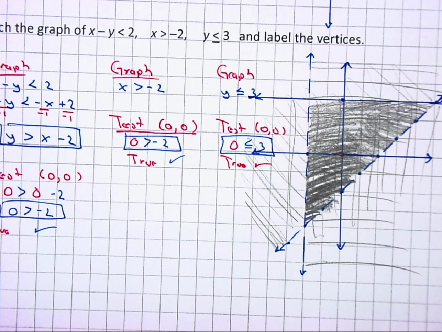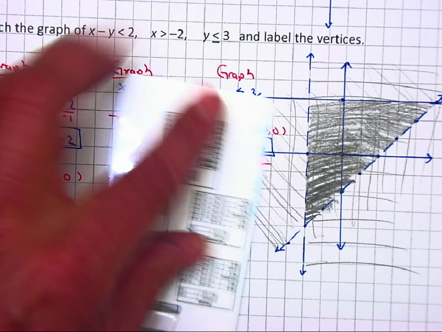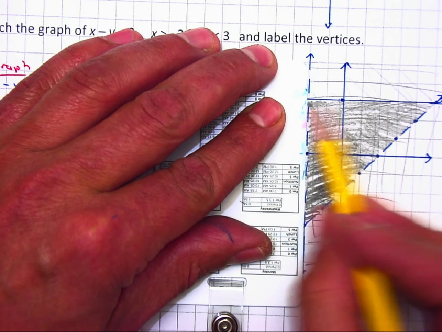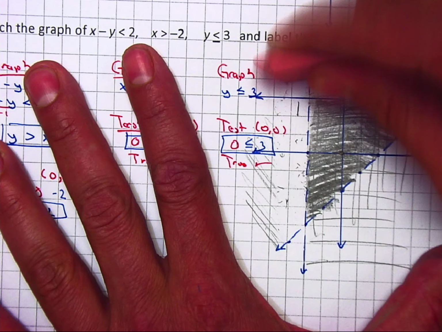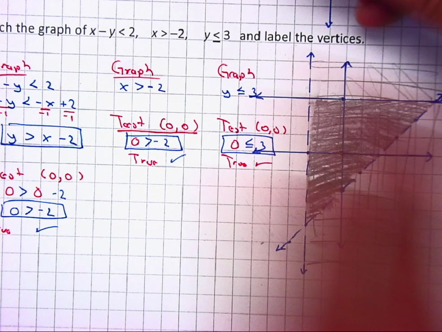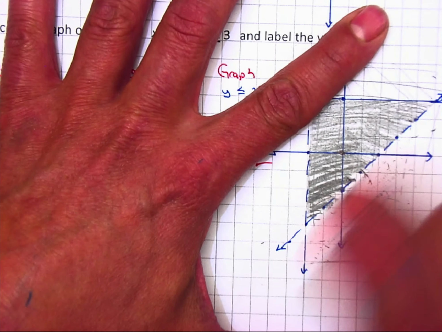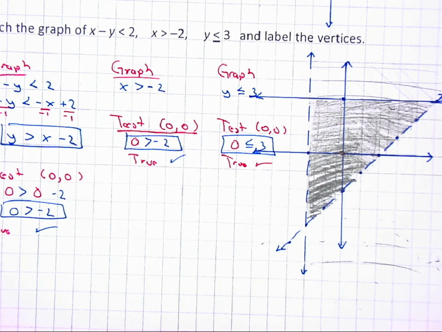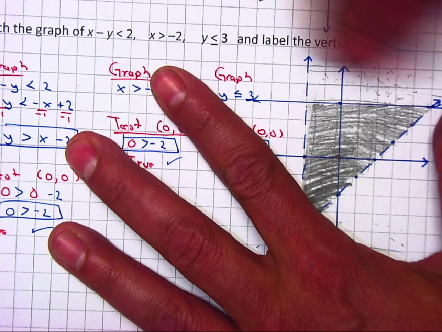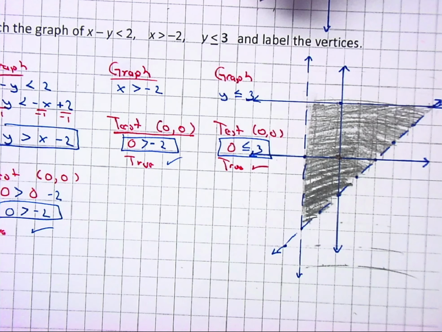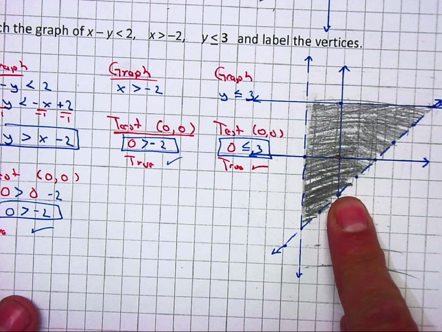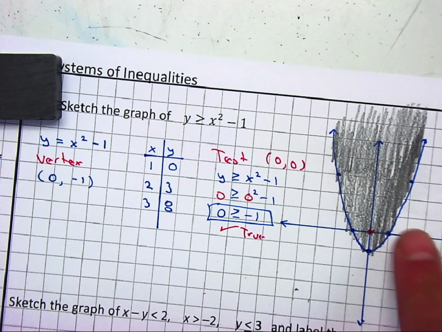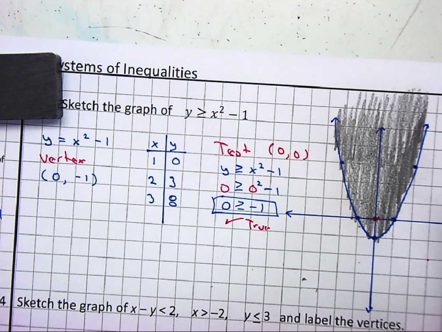So all those points will be solutions for the system. And I need to go back and erase the ones that are not solutions. So notice that this system is bounded, where the system before was unbounded because it continues further up.